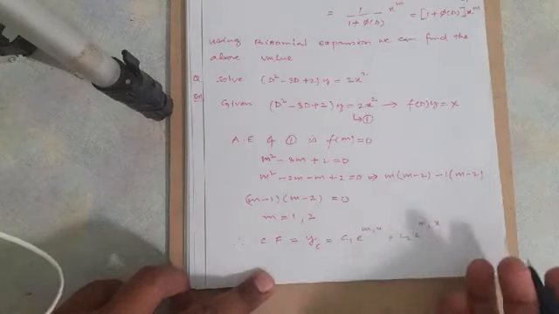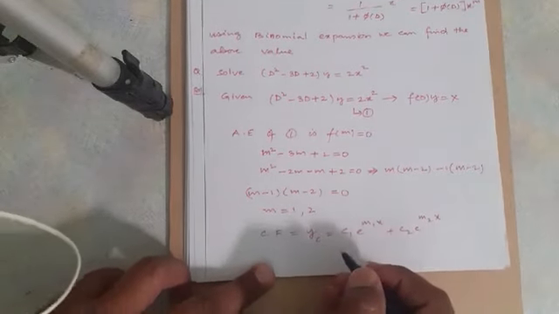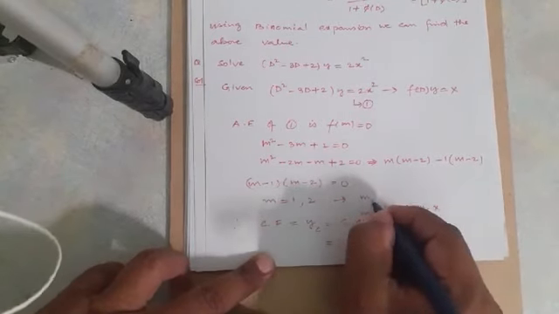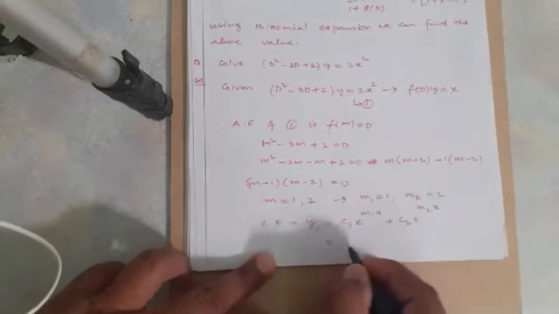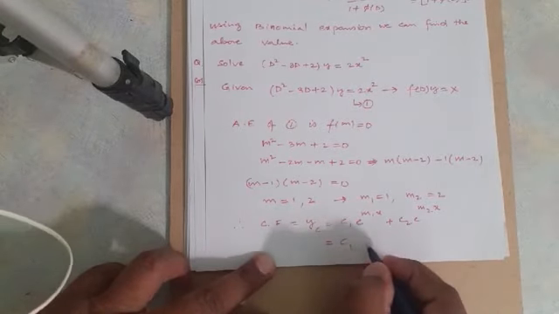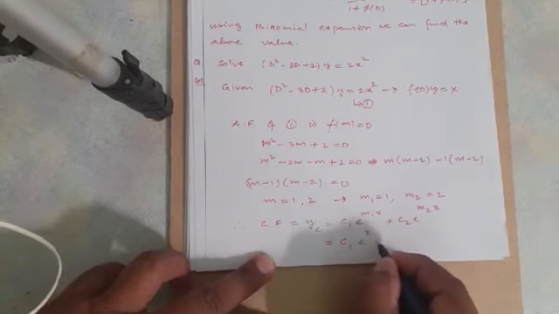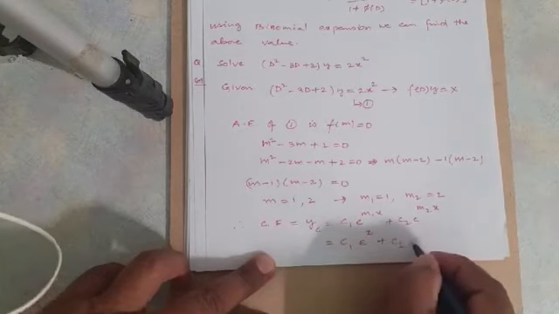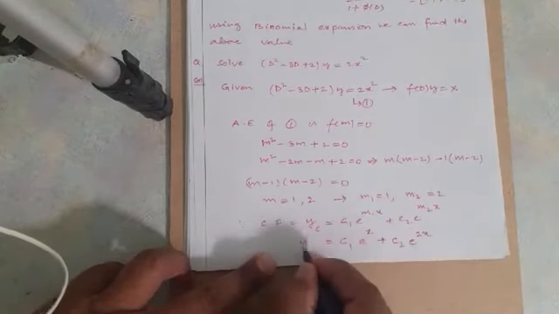If you have another root, you can extend up to n if you have. So now here, these two roots are m1 is equal to 1, comma m2 is equal to 2. Now we can directly substitute in the complementary function, that is c1 e power 1 into x, m1 is nothing but 1, 1 into x is x, plus c2 e power m2 is nothing but 2, 2 into x is 2x. This is nothing but yc.